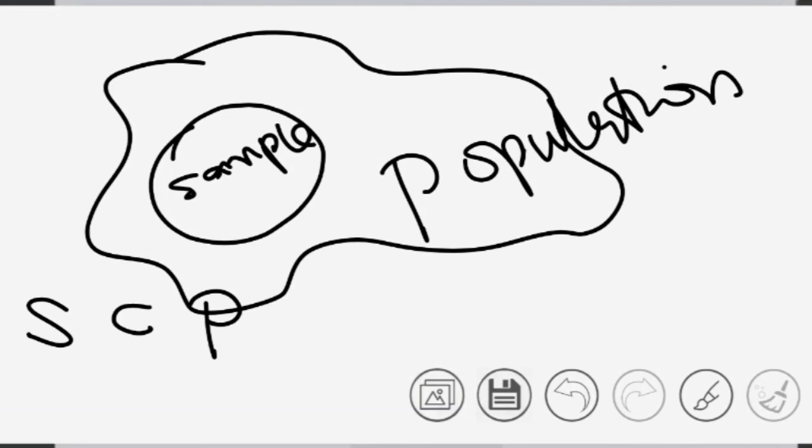We have the simple random sampling, the stratified sampling, the systematic sampling, and the likes of them, because it's categorized into two: probabilistic sampling and non-probabilistic sampling. Under these two headings are various techniques that we can use in gathering data for our research. Then again, in sampling probability, you have simple random sampling with replacement and without replacement.